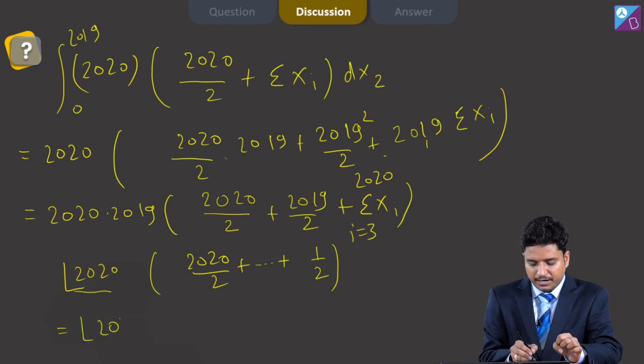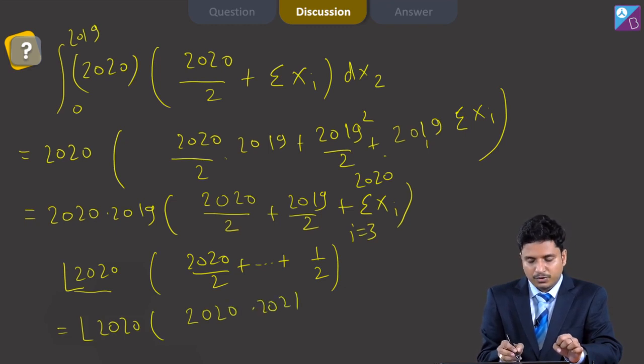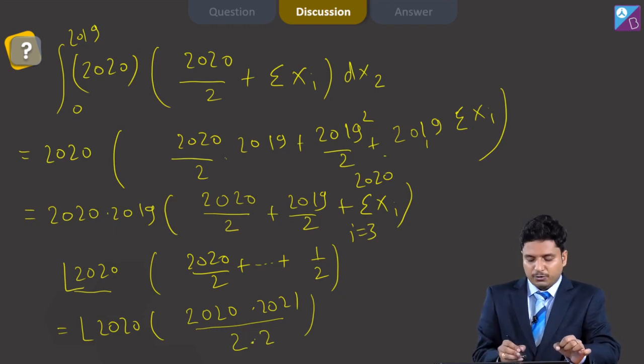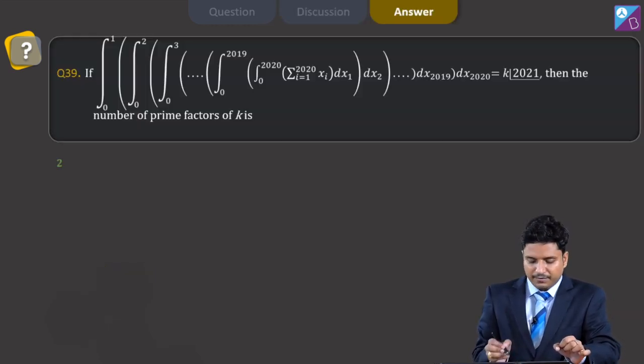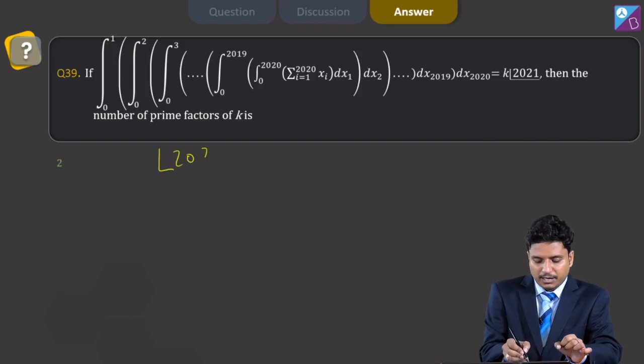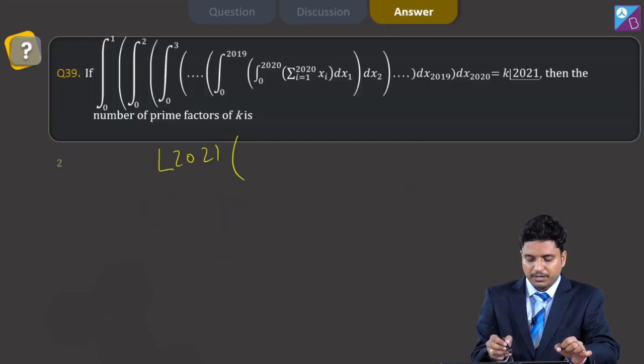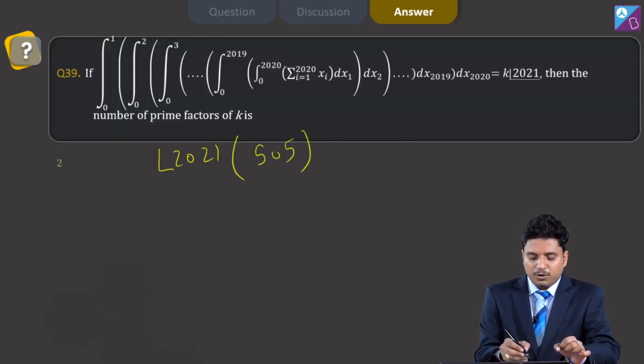This will be 2020 factorial, and here it is 2020 into 2021 by 2. 1 plus 2 plus up to 2020, the sum is this much, and 1 by 2 is also there, so we will put another 1 by 2. So this 2020 factorial into 2021 will give you 2021 factorial, and what else is there? It is 2020 by 4, so it will be equal to 505. So the value of n in this case is equal to 505.